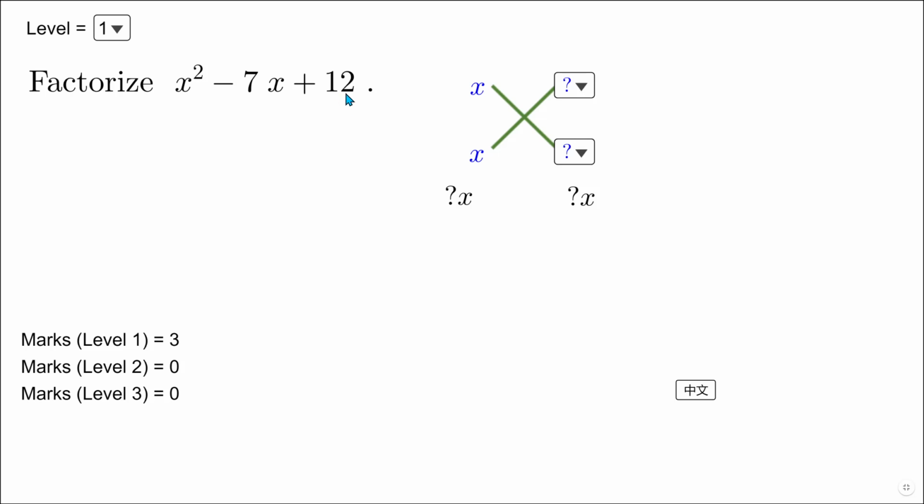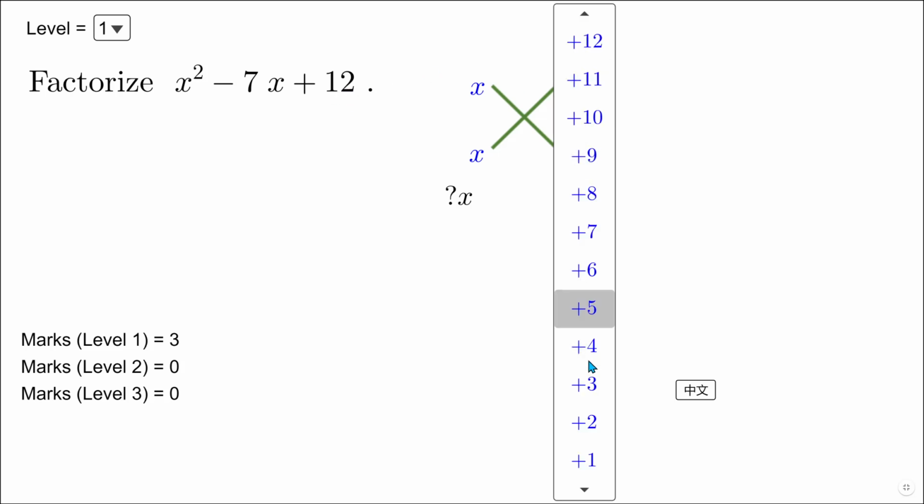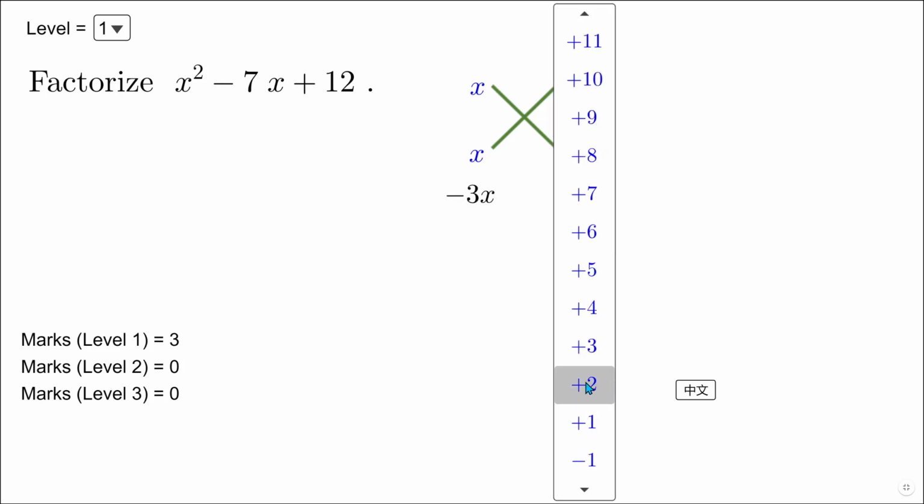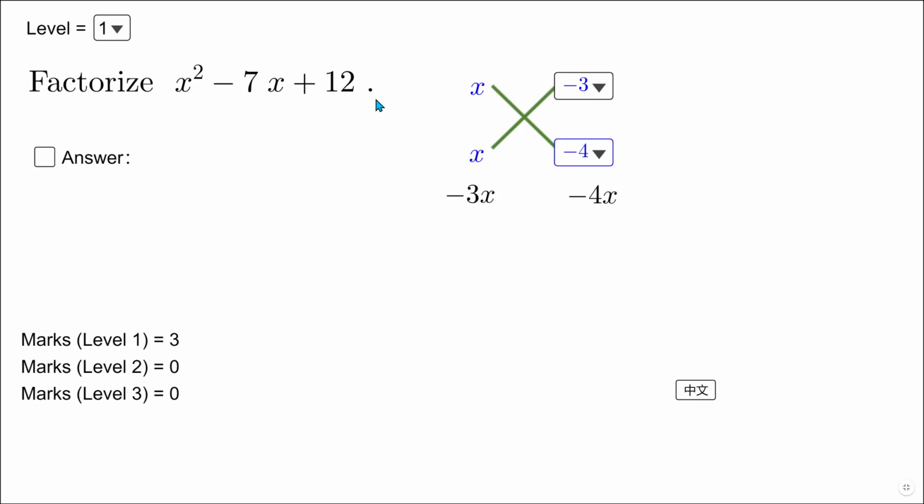Well, it's not 6 and 2. It's 3 and 4. Both negative. Okay, so our answer is x minus 3, the top of the frame, times x minus 4, the bottom of the frame. Check your answer. Of course, we're right. We're up to a score of 4.